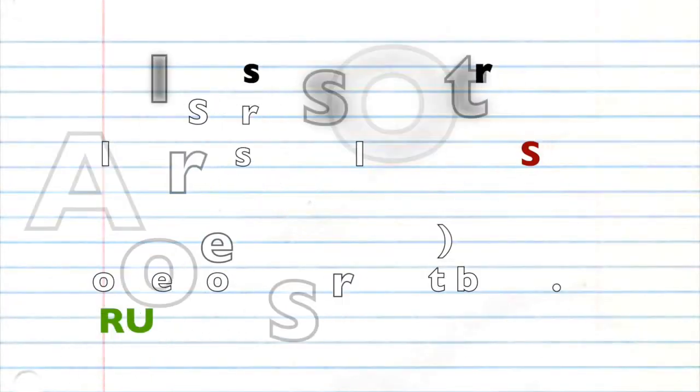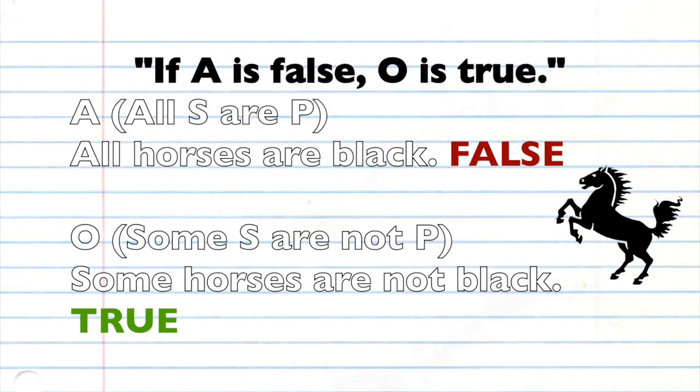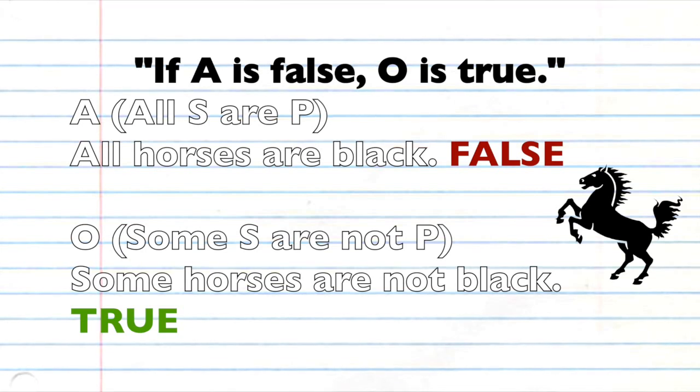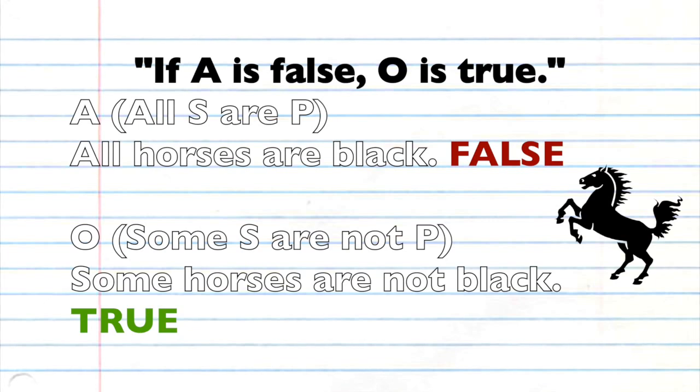Here are some examples. For the A proposition in the form of all S are P: all horses are black. It is false. For the O proposition in the form of some S are not P: some horses are not black. It is true. This is an example of the form: if A is false, O is true.